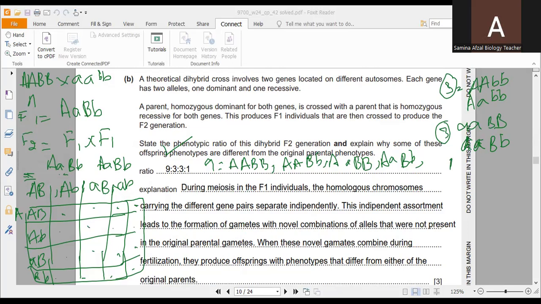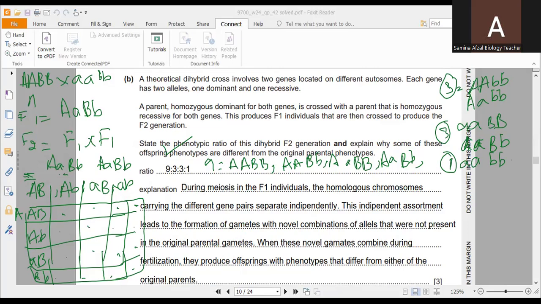And one will be small a, small b, which will be the homozygous recessive parent. So this will be the ratio 9:3:3:1.